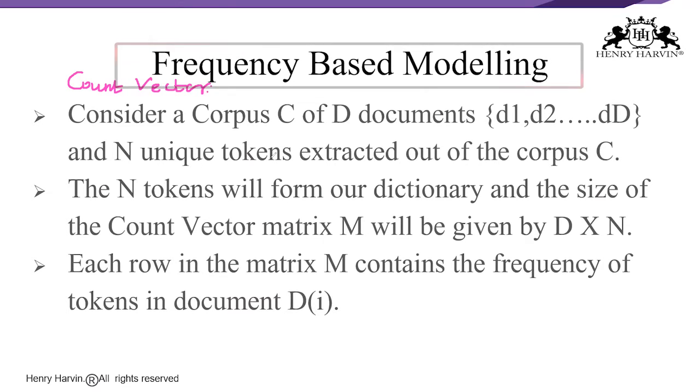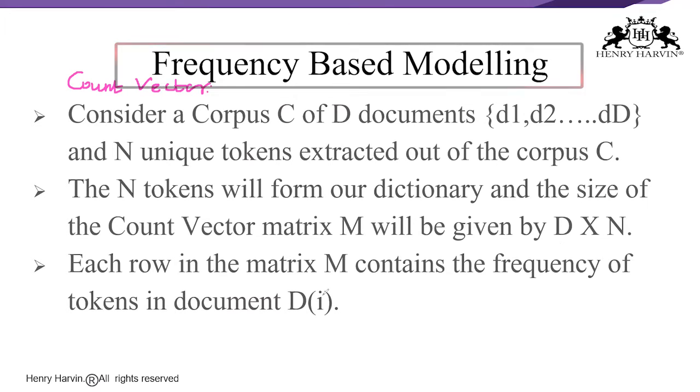And there are N unique tokens extracted out of the corpus C. The N tokens will form our dictionary, and the size of the count vector matrix will be given by D cross N. So here each row in the matrix M contains the frequency of the tokens in a document.